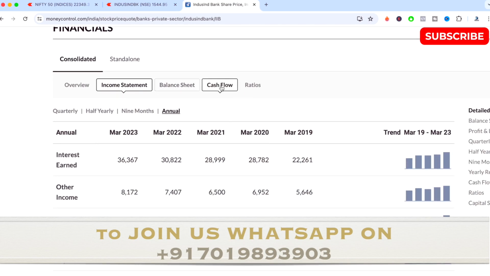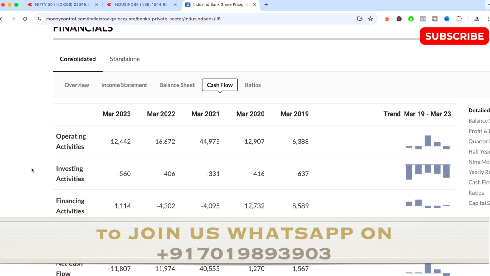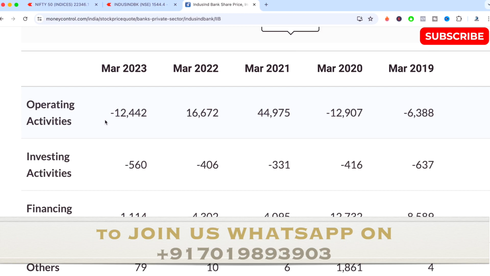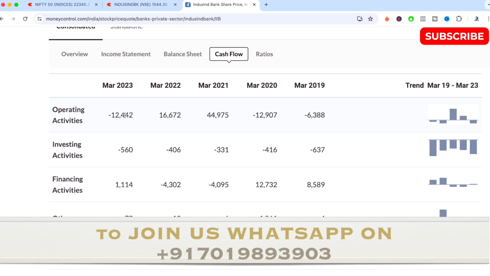So let me show you the cash flow statement. What is interesting here, if you can see, their operating activities have been reduced in 2023. You can see March 2022 operating activities was 16,672. Okay, and in March 2023 it is minus 12,442. So this is the one thing you need to be aware about in this stock.